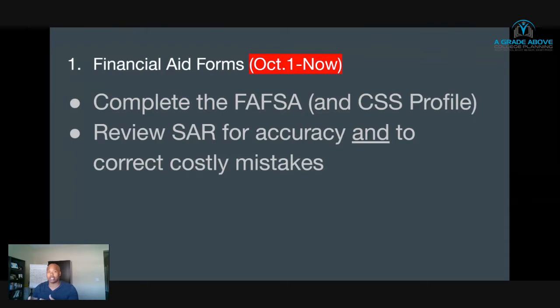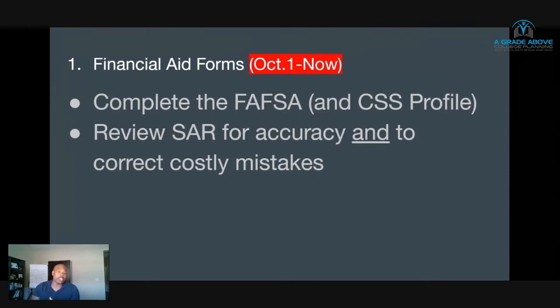Your opportunity to do this pretty much opens October 1st until now, so you still have time to do it. It's not a deadline where you're going to miss the opportunity, but if you haven't done it, do it. If you have done it, you want to review your SAR, or your Student Aid Report, for accuracy and to correct costly mistakes.